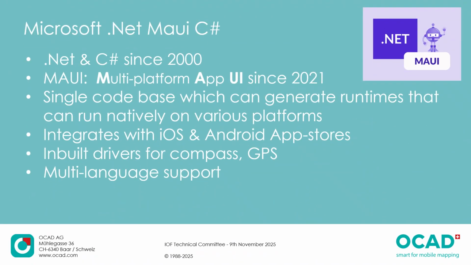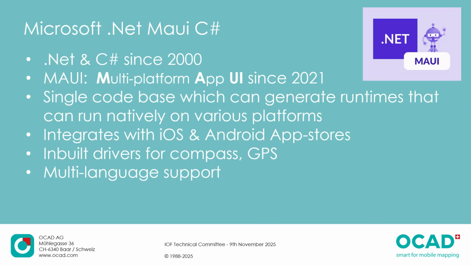So the software we use to build the app is Microsoft's .NET MAUI. It uses the C# language. It's only been around for 4 years, but it's built on top of .NET and C#, which have been around for 25 years. It means we can have a single code base, and we can generate runtime code that can run natively on the various platforms.